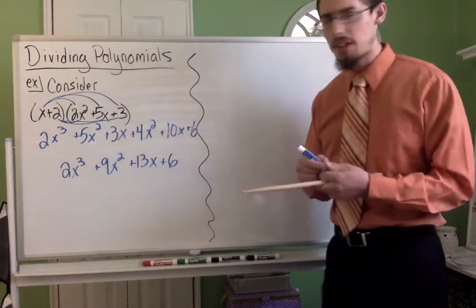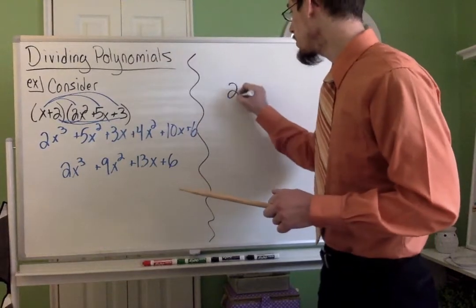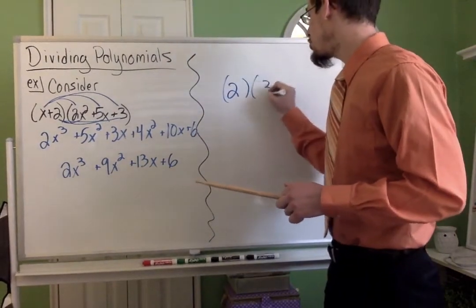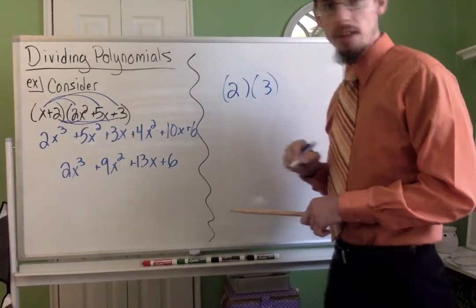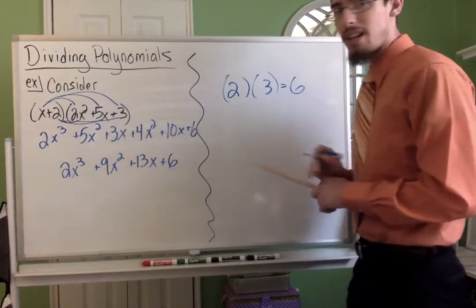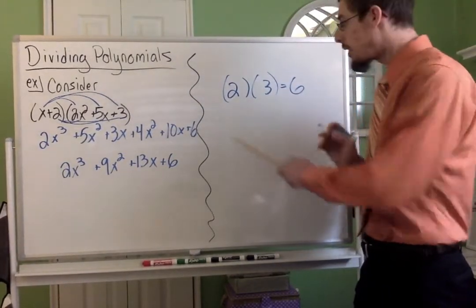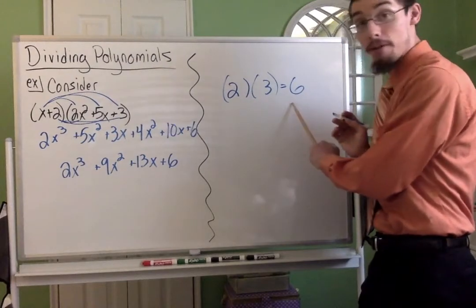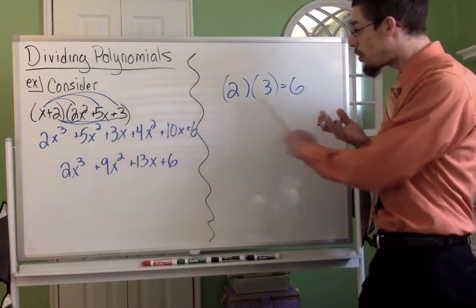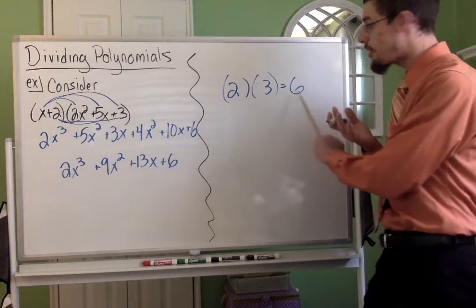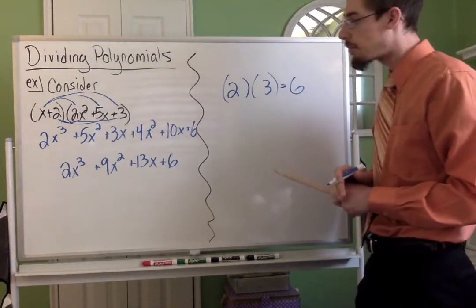Just to clarify. Remember, if I did 2 times 3 and the result is 6, that means 2 and 3 are factors of 6, right? 2 is a factor of 6, 3 is a factor of 6.